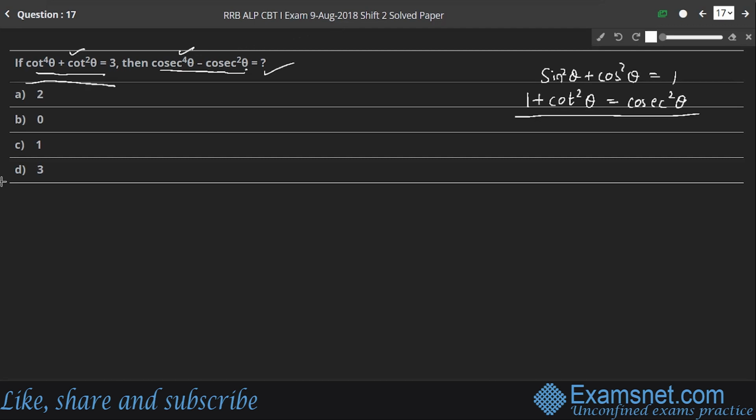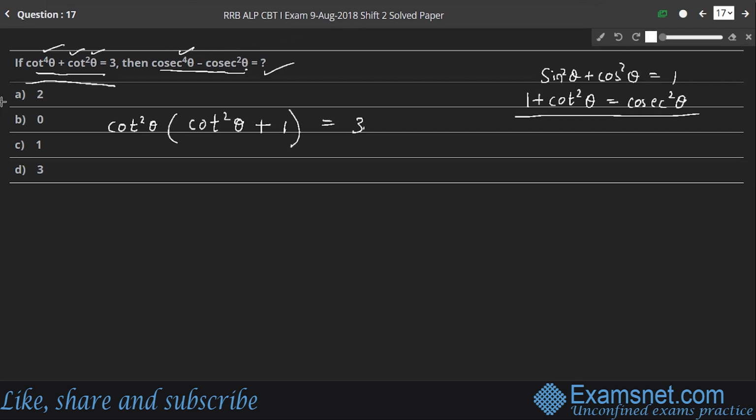Using this relation, we'll write the given expression as cot raised to 4 theta plus cot square theta, in which we take cot square theta common. When cot square theta is taken out from cot raised to 4 theta, we have cot square theta remaining, plus, in the next term, 1, is equal to 3.